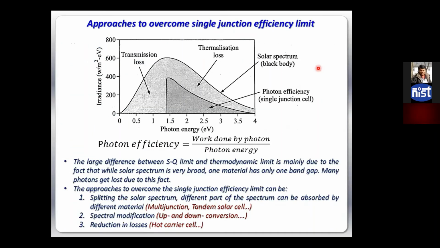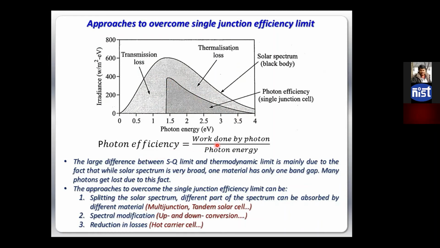So if I see the overall spectrum of the black body radiation, suppose this is my black body radiation, and this is the only photon efficiency of a single junction solar cell. These are the thermal loss, these are the transmission loss, these are all thermal loss, right? So this photon efficiency comes from the fact that I have only one band gap with a tail, right?